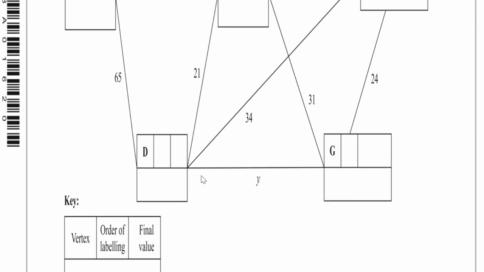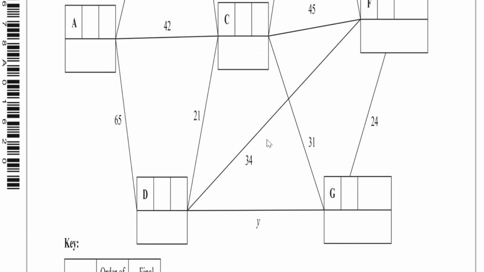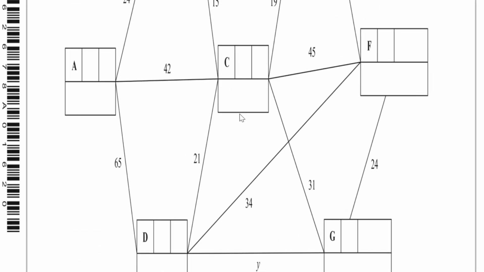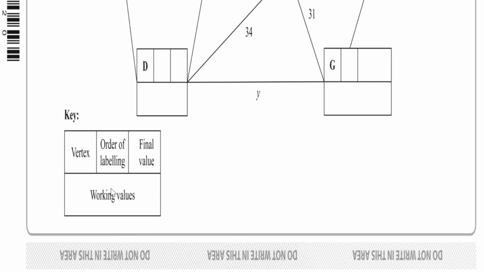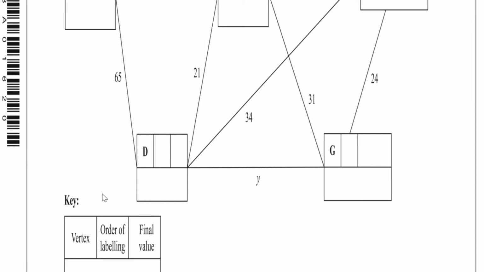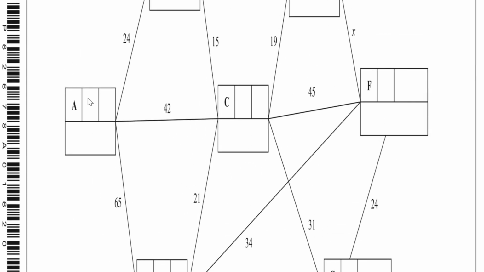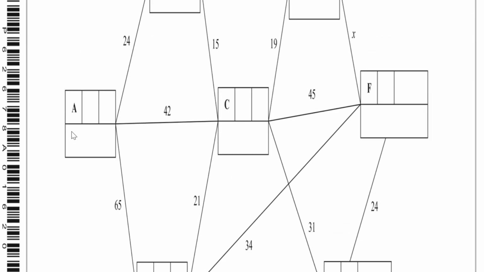So if we take a look at the diagram as shown here. Starting at A, we add in the working value of 0. The order of labeling here is 1 because the final value is 0.